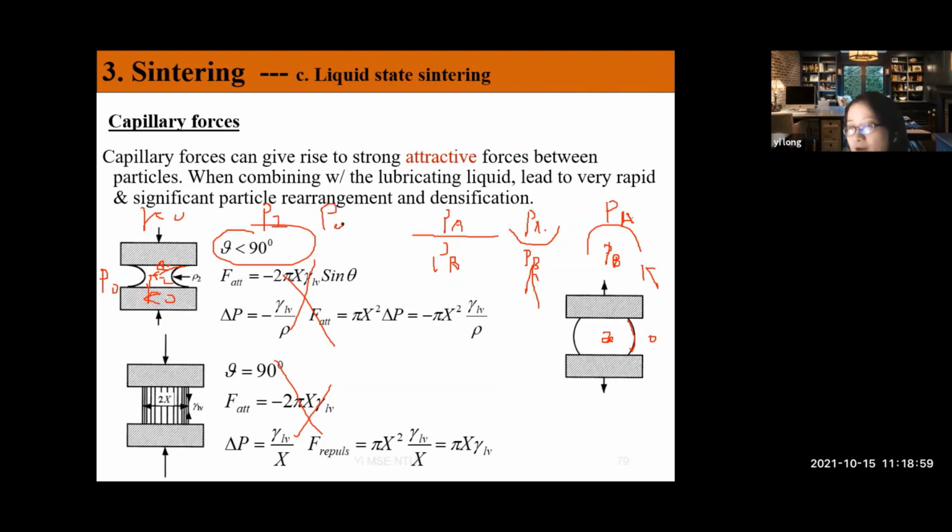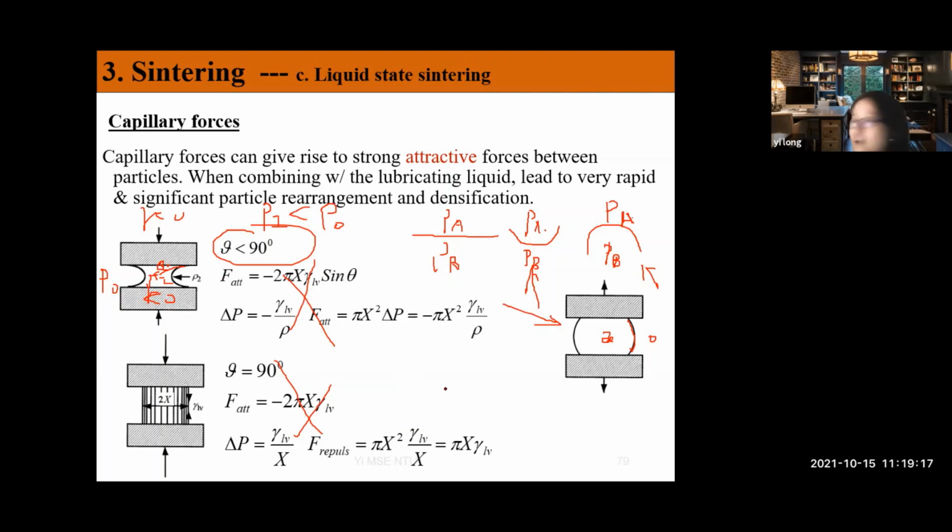So which one is bigger now? You tell me. Can you type: is P inside or P outside bigger? Excellent. So P outside is actually bigger, which is opposite to the long wetting case, correct?